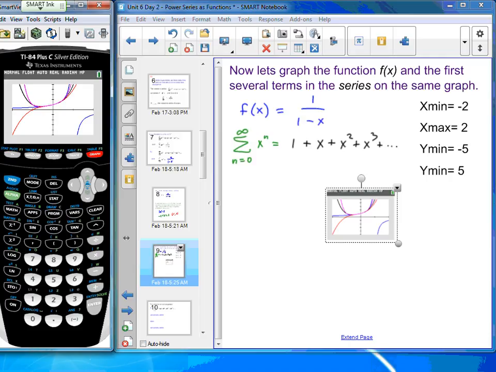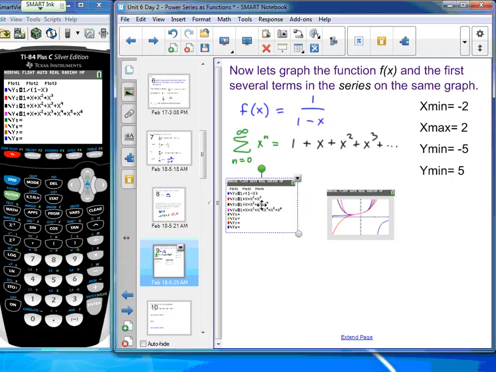Negative 1 and 1, but a cruddy job anywhere else. In fact, over here we've got total divergence. Do you see that? This whole bottom branch, my power functions are up here, and it's down here. And so it only holds true if x is in between negative 1 and 1 for my parent. So that's kind of where we're headed, and that's what we're going to use for our basis.